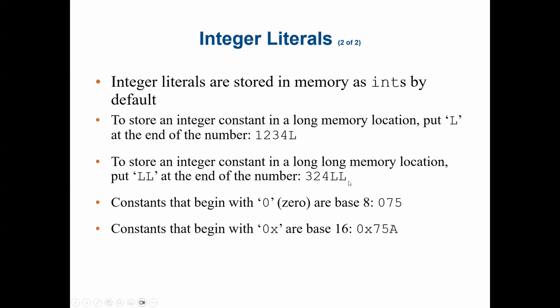So 324LL. Also, a constant that begins with 0 is octal, or base 8. So 075 is octal. Also, a constant that begins with 0x is base 16, hexadecimal. Hexadecimal A means 10.